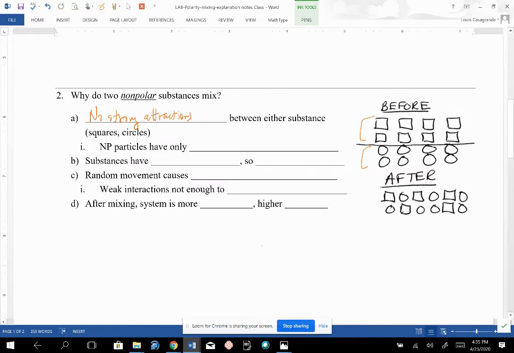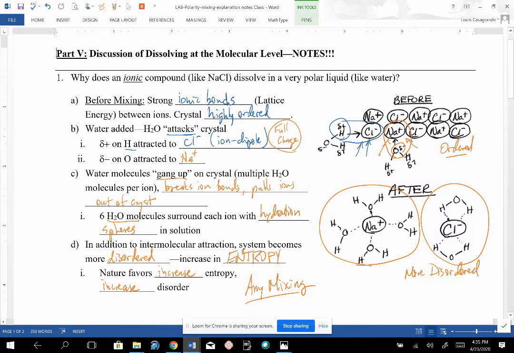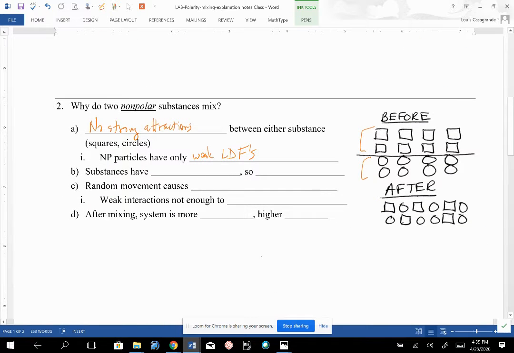They're both nonpolar molecules, and they have only the weak London dispersion forces holding them together. So there's nothing to keep them from moving within each other. The substances also have thermal energy, at temperature, and so they move randomly.